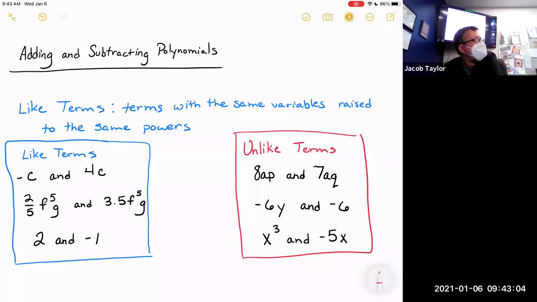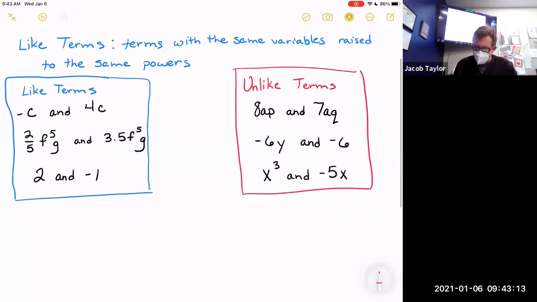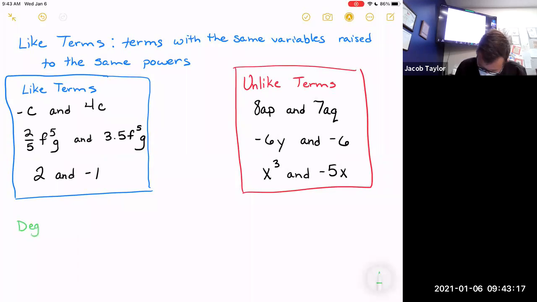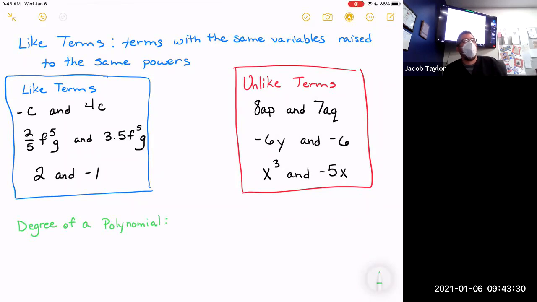There's one more term that we need to learn besides like terms, one more definition we need before we can add and subtract them, and that is the degree of a polynomial. Doesn't sound fun? Well, let me ask you a question. Do you know how to look at some numbers and find the highest one?